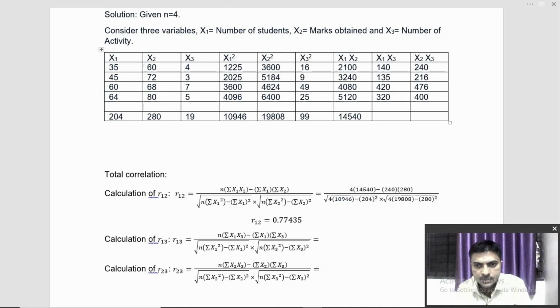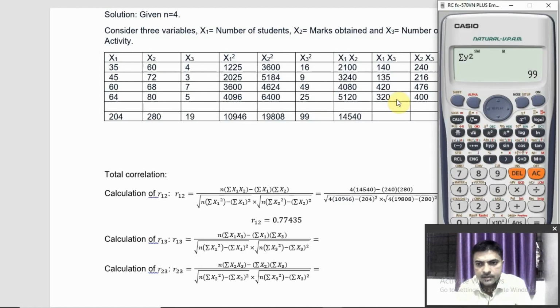Now the last one, x1 x3. Yes, go to shift 1, 3, where is the fifth one? 5, 3, 5. So summation x1 x3 I'm going to get. So 1015.